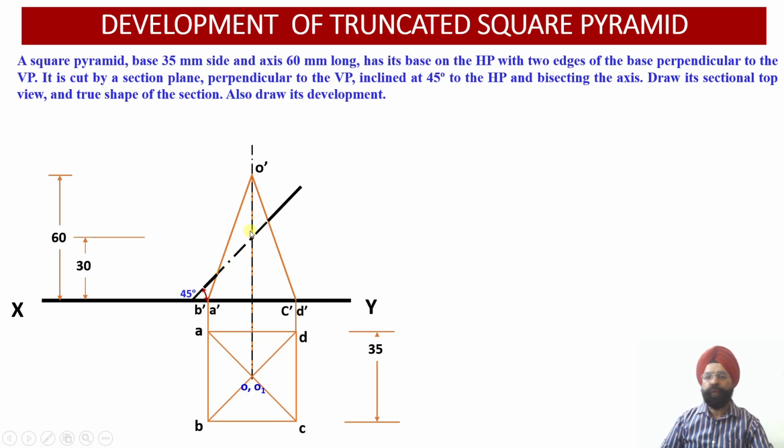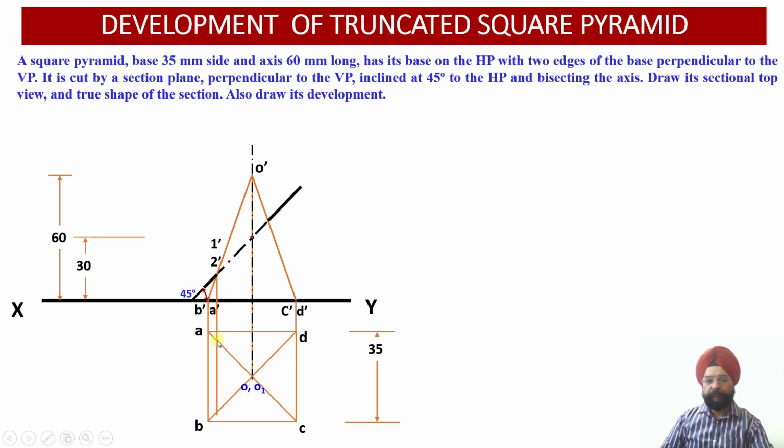And what are the names of these 4 points of intersection? The names of these points are 1 dash, 2 dash over here, and 1 dash corresponds to the point of intersection of this cutting plane with the slant generator O dash A dash. Similarly, 2 dash is the point of intersection of this cutting plane with the slant generator O dash B dash. Now I need to project these 2 points of intersection in the top view. So I drop a perpendicular projector from point 1 dash, which lies on the slant generator O dash A dash.